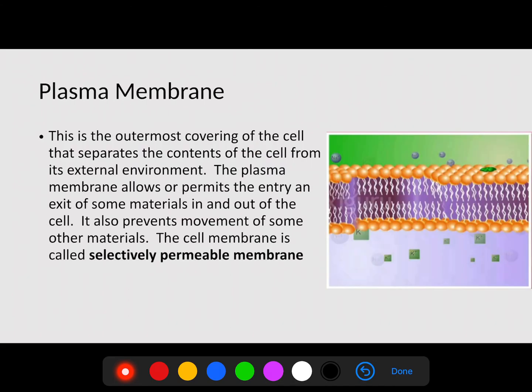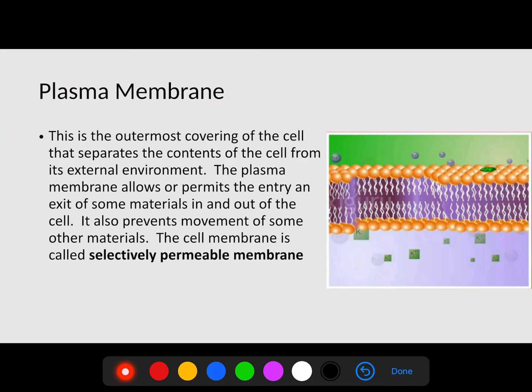But for the most part, the majority of the important things that we need are able to pass in and out. So the plasma membrane is the outermost covering of the cell, and it separates the contents of the cell from its external environment. It permits the entry or exit of some materials in and out of the cell, and it also prevents movement of some other materials.